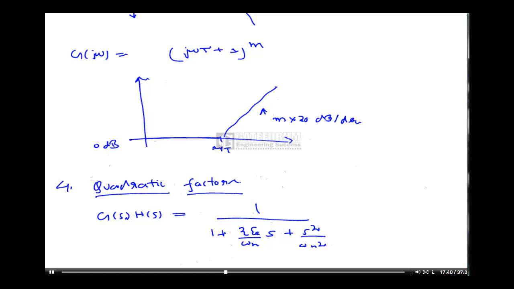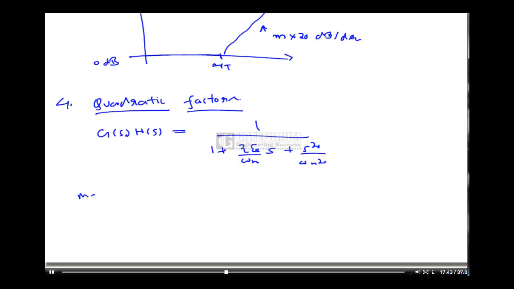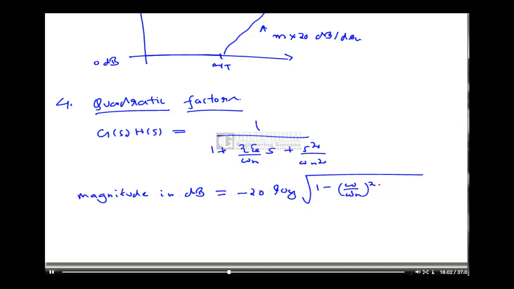Okay, so I can write the magnitude of this as minus 20 log under root of (1 minus omega by omega n whole square) plus 4 zeta square (omega by omega n whole square) dB. Okay, this is the magnitude of this.